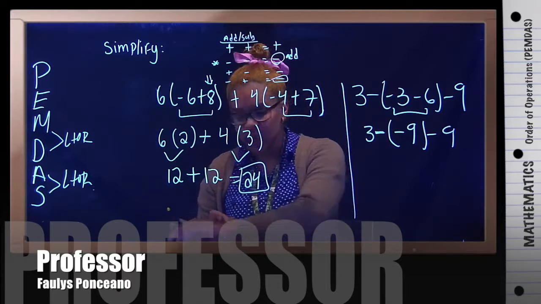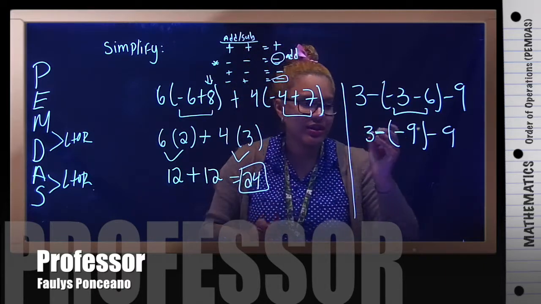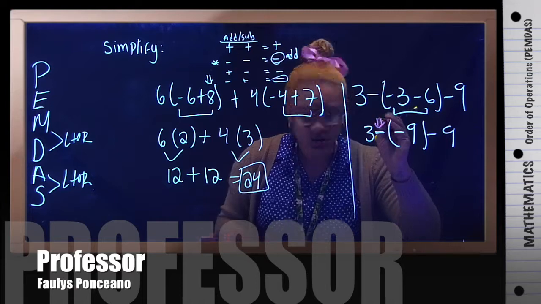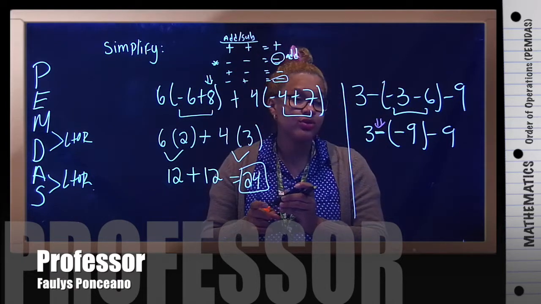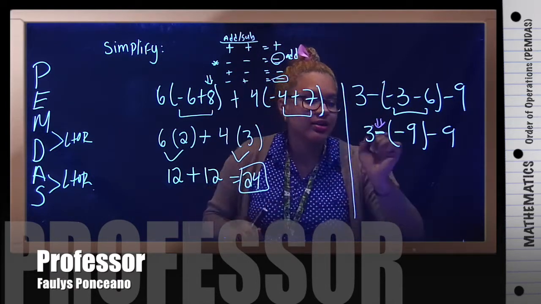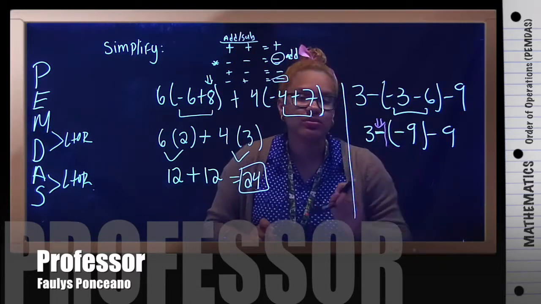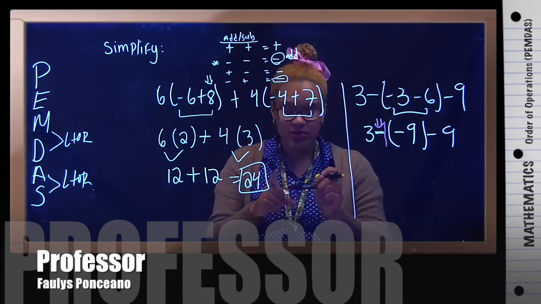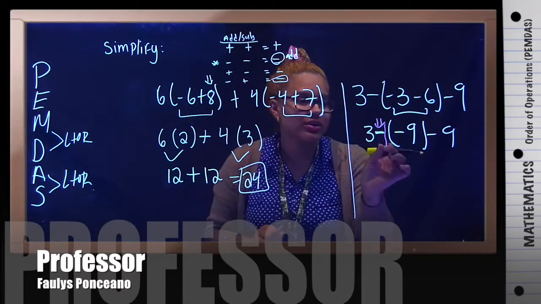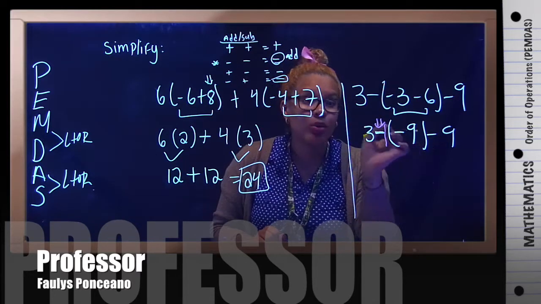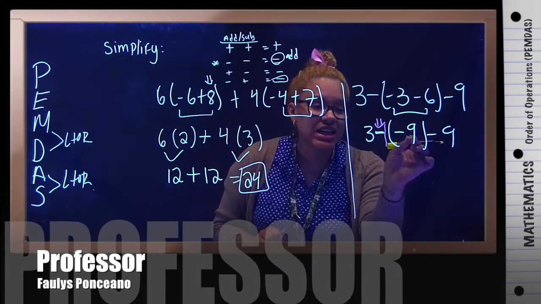Next step. You have to be very careful with this negative right here. Some students forget it. This is a negative, an invisible negative 1. Now you're going to have to distribute this negative 1 to this, so I'm multiplying it. Negative 1 times negative 9.